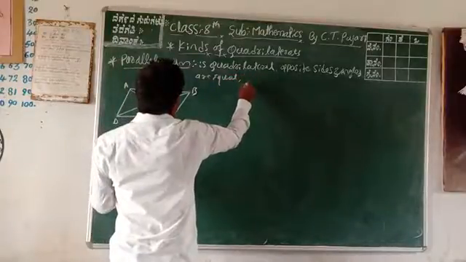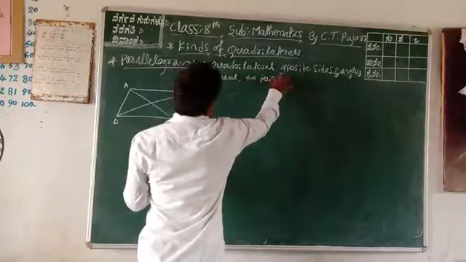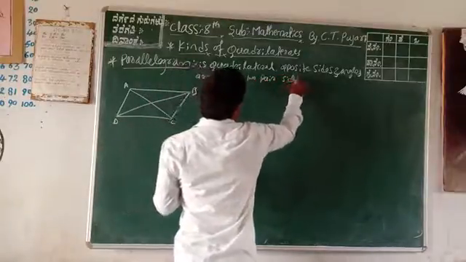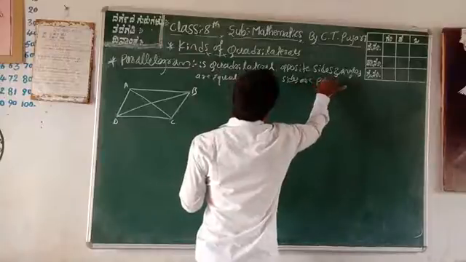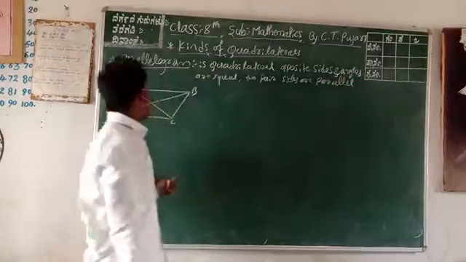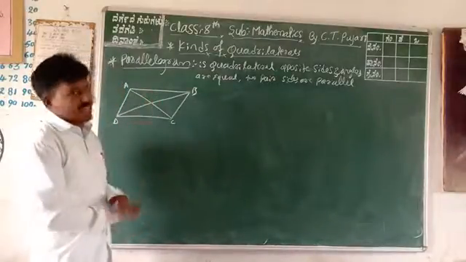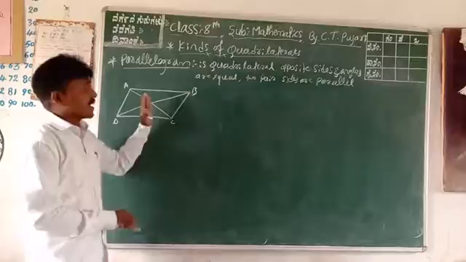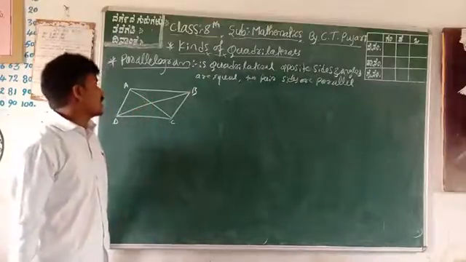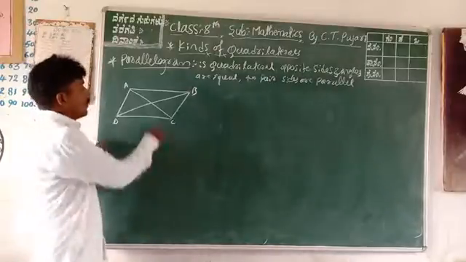And two pairs of sides are parallel, it is called a parallelogram. This quadrilateral's name is parallelogram. In this parallelogram, opposite sides are equal.